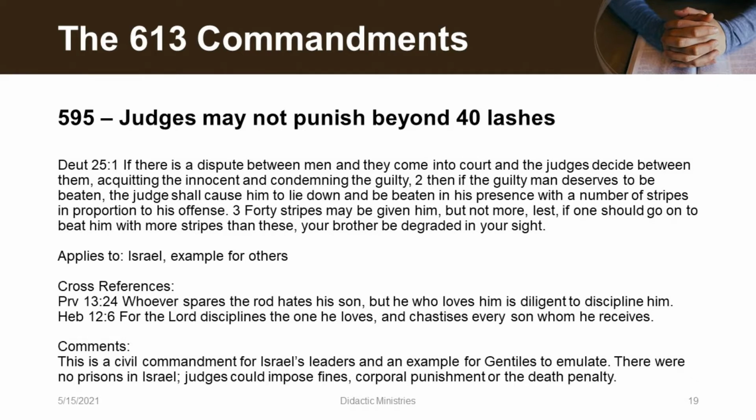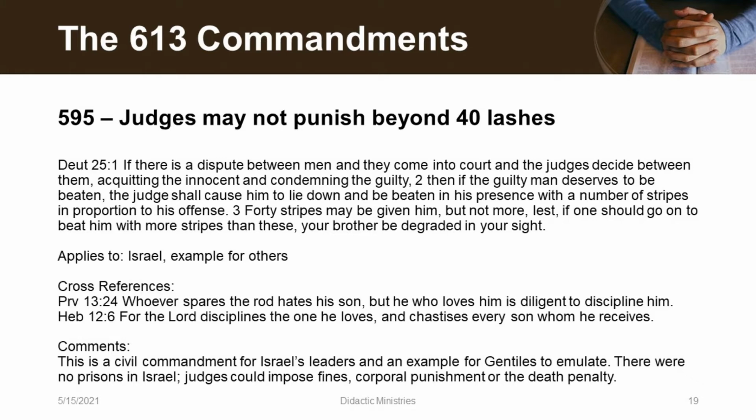Deuteronomy 25, verse 1 says, "If there is a dispute between men, and they come into court, and the judges decide between them, acquitting the innocent and condemning the guilty, then, if the guilty man deserves to be beaten, the judge shall cause him to lie down and be beaten in his presence with a number of stripes in proportion to his offense. Forty stripes may be given him, but not more, lest, if one should go on to beat him with more stripes than these, your brother be degraded in your sight."